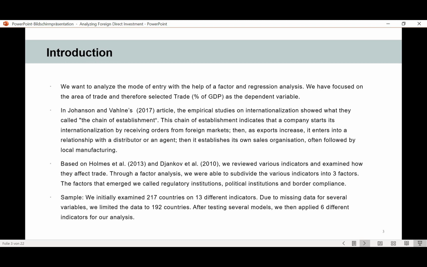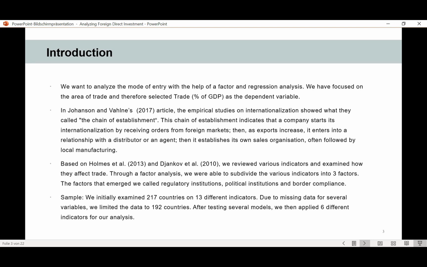As I said before, in our assignment, we wanted to analyze the mode of entry with the help of a factor and regression analysis. We have focused on the area of trade and therefore selected trade, percent of GDP, as a dependent variable. In the article by Johanson and Wallner, the 2 authors explain the traditional Uppsala model from a modern perspective and show what they call the chain of establishment in empirical studies of internationalization.